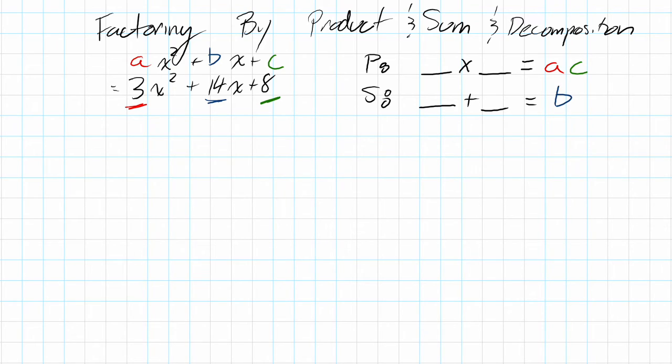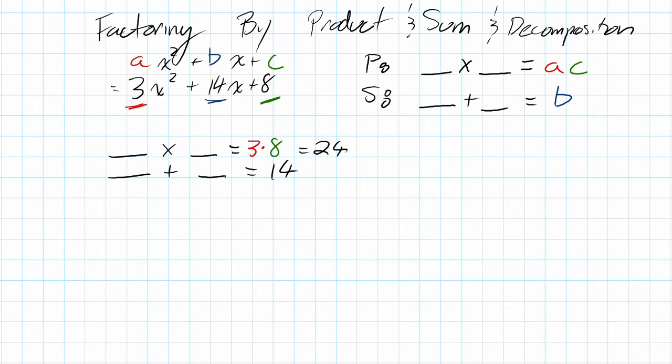So we've got to do a little bit of calculating to sort that piece. For our product, two numbers that are equal to A times C, A times C would be 3 multiplied by 8, which gives us 24. So, two numbers that multiply to 24, and those same two numbers have to add up to our B value, which happens to be 14.